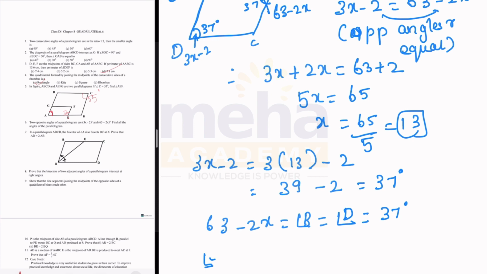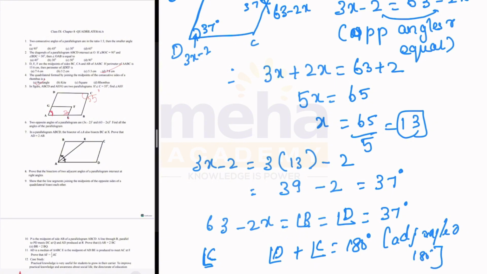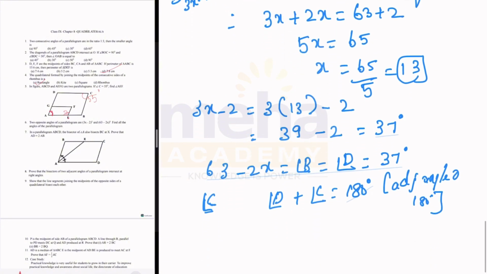We know that in a parallelogram, angle D plus angle C makes 180 degrees because adjacent angles are supplementary. So angle D is 37 degrees plus angle C is equal to 180 degrees. So angle C is equal to 180 minus 37, that would be 143.